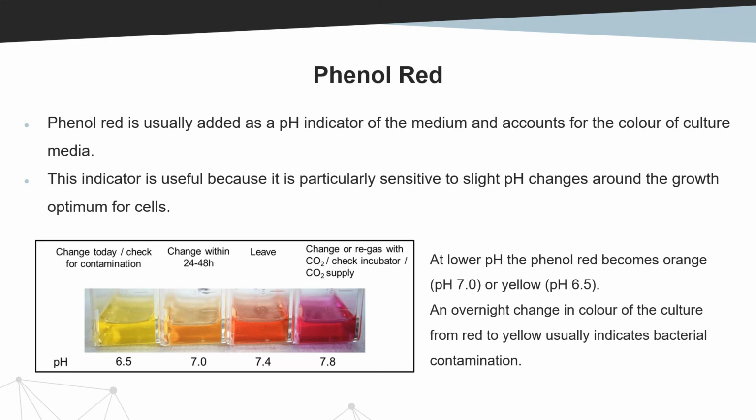A yellow hue to the medium indicates that the pH is too low or acidic, while a purple hue will show that the pH is too high, or alkaline, whereas an orangey red hue will indicate that the medium is of the correct physiological pH. Sometimes you get an overnight change in the color of your cell culture from red to yellow. This generally indicates bacterial contamination.